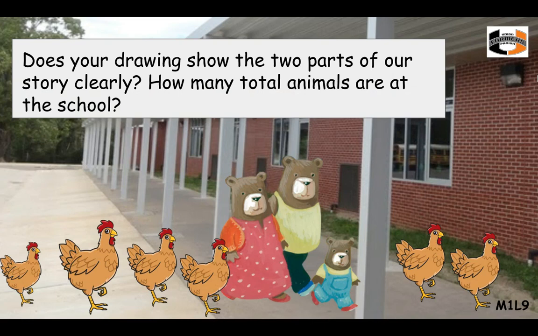So you're going to make a drawing to show the two parts of this story. Started with 3 bears, and then the 6 chickens came. So you're going to draw a picture that shows those two parts. And you do not have to draw bears and chickens. You can draw circles.